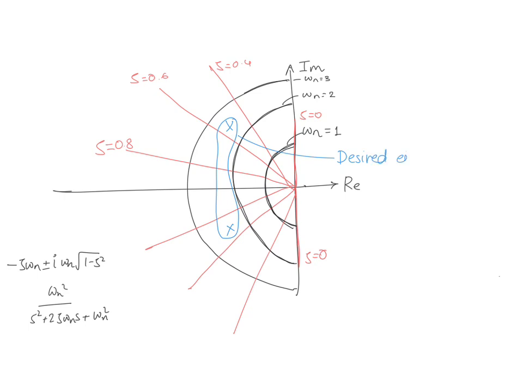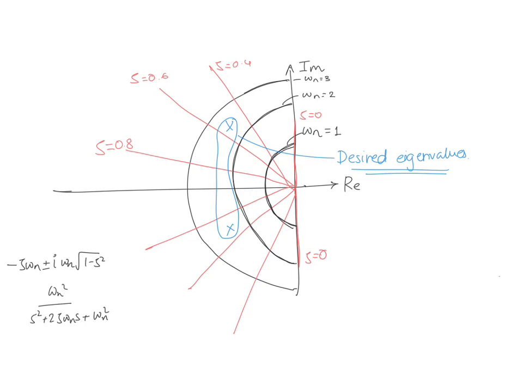That's what you're trying to achieve, and that's where this becomes useful. You'll see that there are tools that allow you to tune the gains of a PID or a P controller such that you can achieve these desired locations.